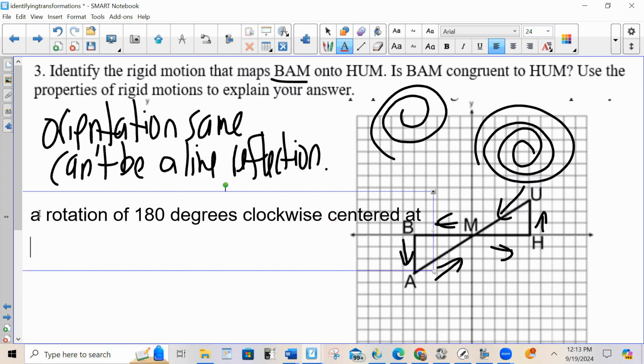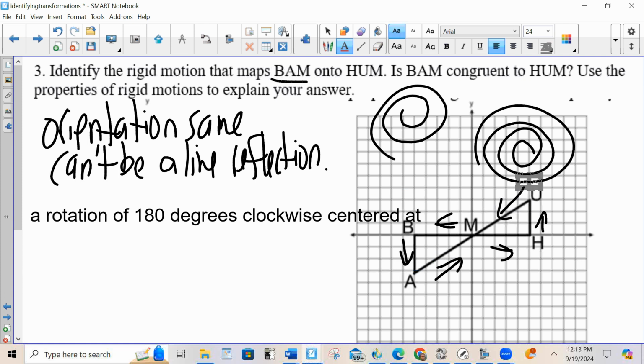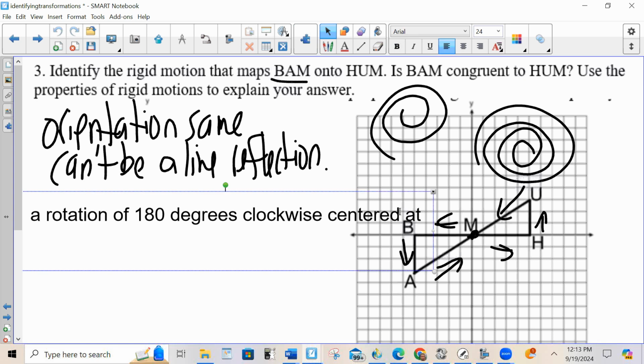Now we need to state the center of rotation. Whatever the shapes are touching, that's going to be the center of rotation. So in this case, the center of rotation is going to be at M, centered at M. So again, you need to be very specific for rotations. You have to tell me how many degrees, which direction, and what the center of rotation is.